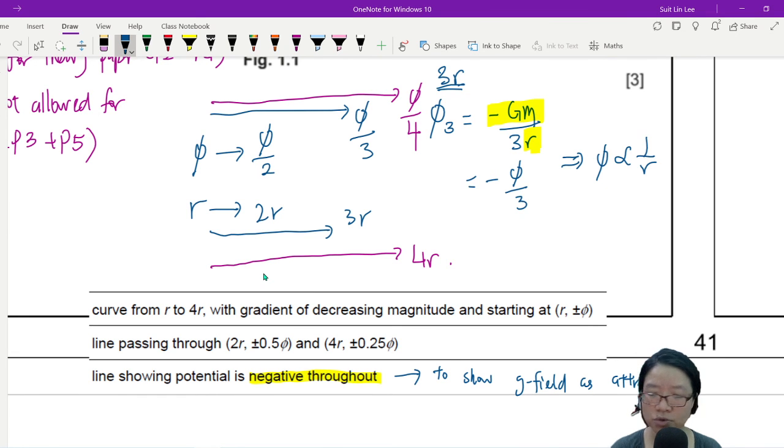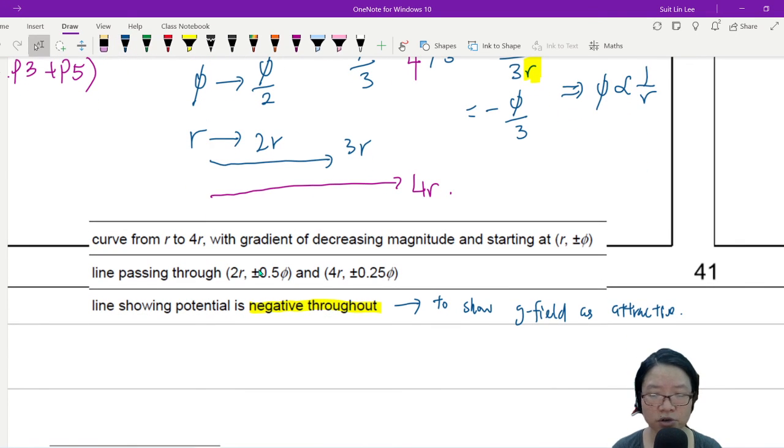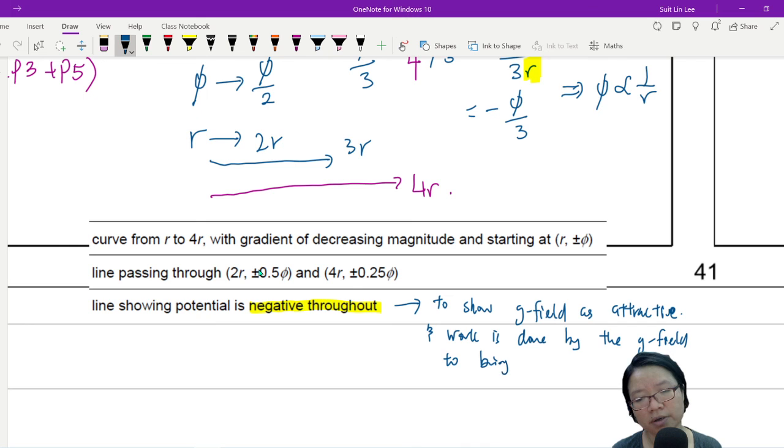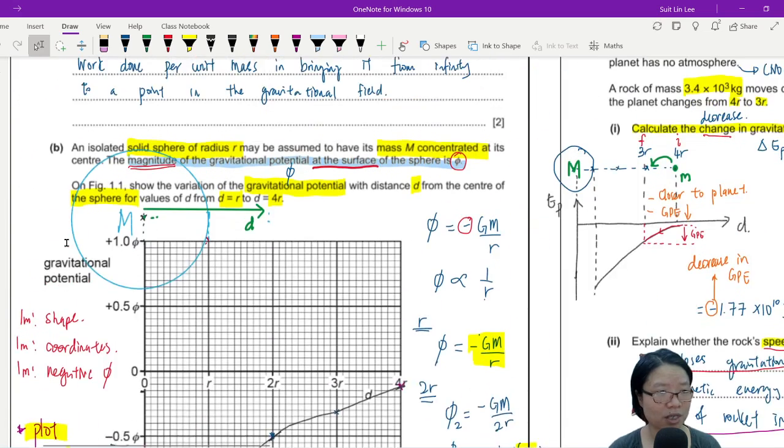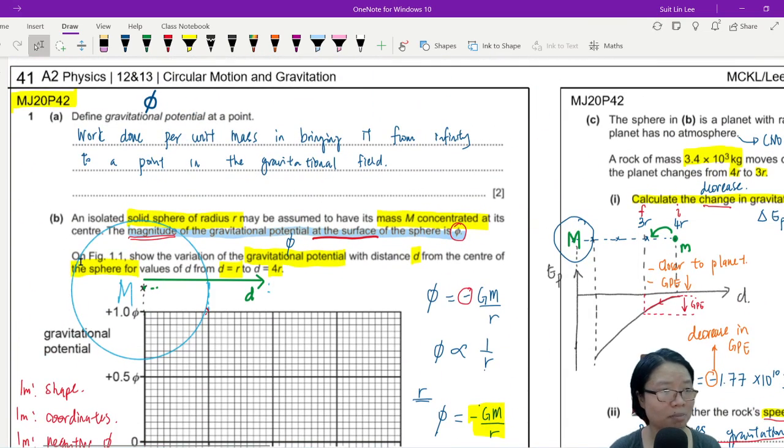And just as a recap, when you explain this, gravitational field is attractive and work is done by the gravitational field to bring it from infinity. So when you want to bring a rock from infinity, the gravitational field will help you bring it over, as mentioned in the lecture. All right, so that's it for May/June 20, a rock approaching the planet's surface.